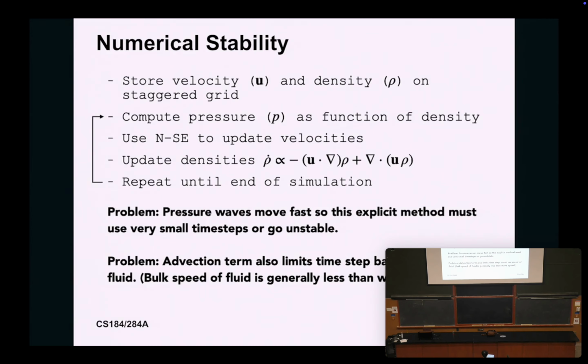I think in different software packages, and in astrophysics, there's a very different kind of equation of state. I think I showed it earlier, but I think it's directly proportional. And we use Navier-Stokes to update the velocity. We update the densities, and just repeat it.